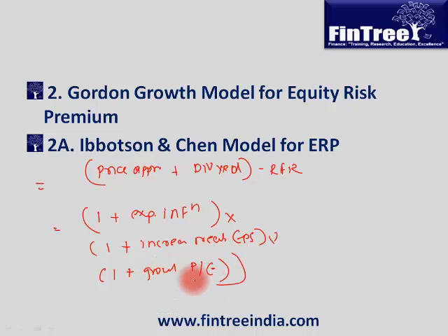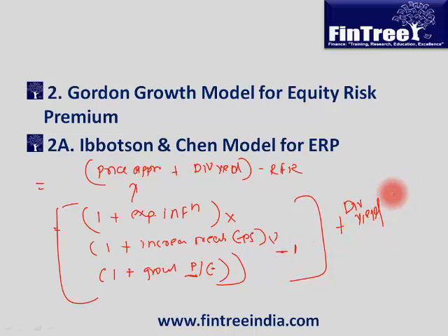When you do these three, this gives you capital appreciation. Minus 1, because we've added 1, plus the dividend yield, which also includes the reinvestment income, and then this is the total return that you earn on equity, minus RFR will give you equity risk premium.